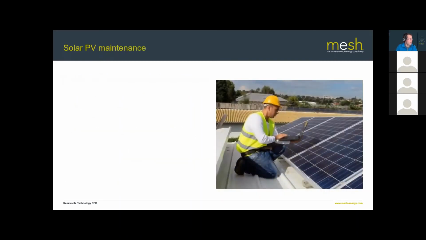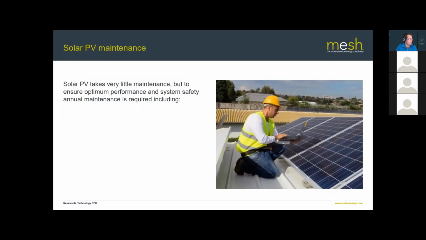So PV maintenance. PV takes very little maintenance, but does still require maintenance over the course of a year. So you have to clean the panels to maintain performance.